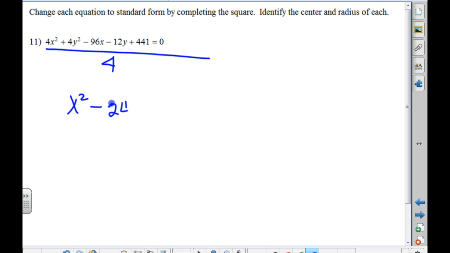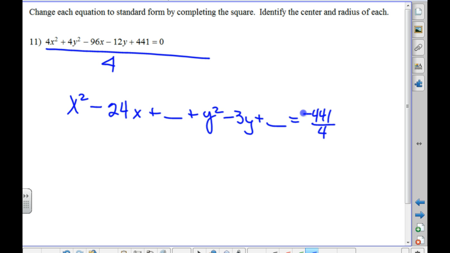Is it 24x? I'm just going to leave that guy negative 441. I skipped a bunch of steps there, are we okay? I divided by 4 and rearranged at the same time.